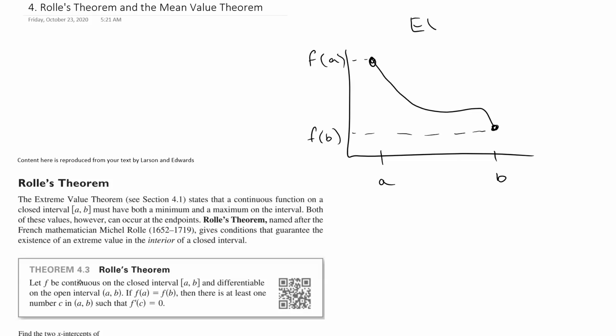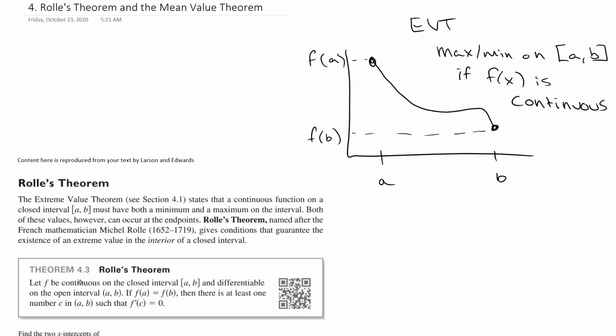So EVT, our extreme value theorem, says there must be a max and a min on the interval a to b if f of x is continuous and defined everywhere on the interval.